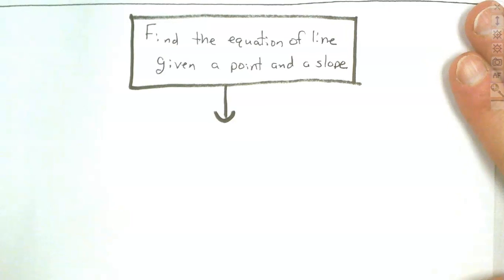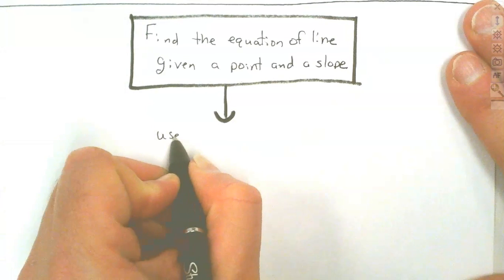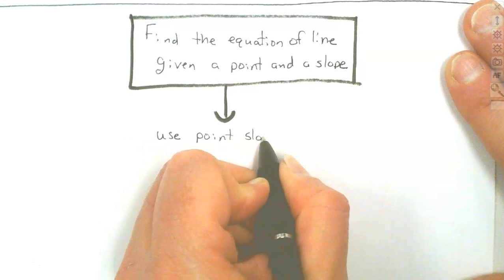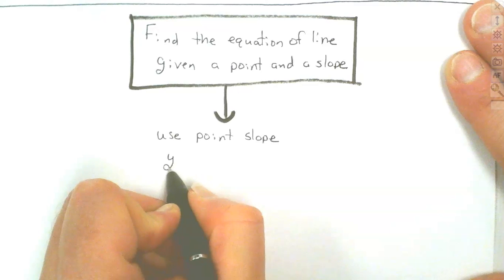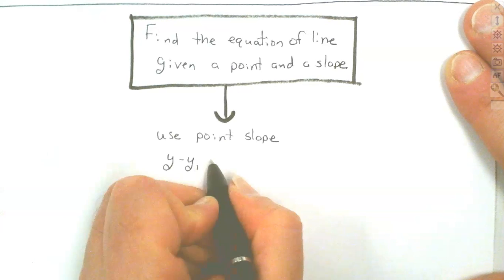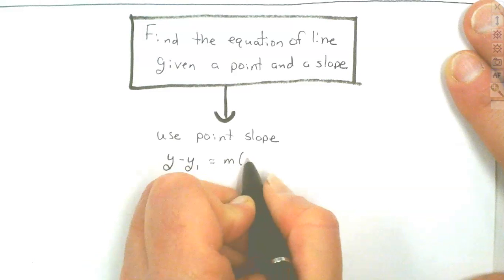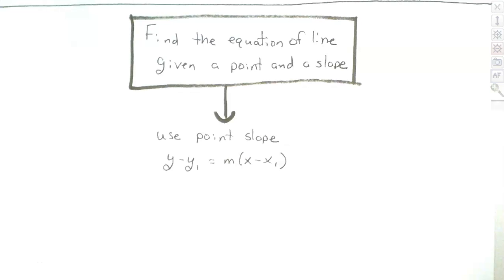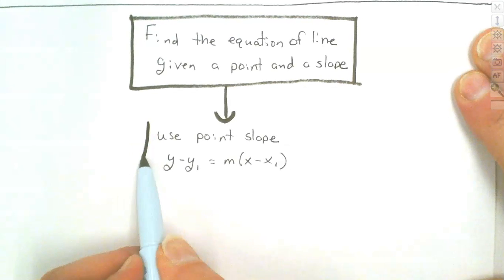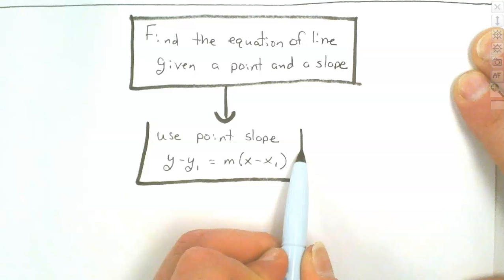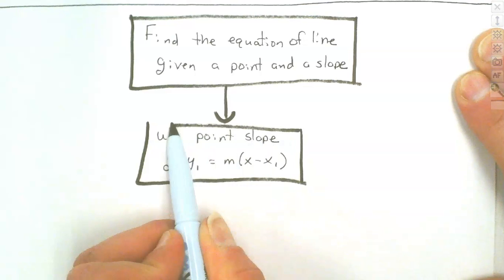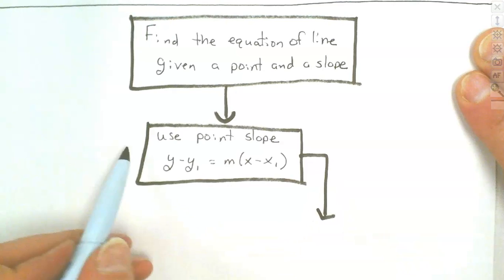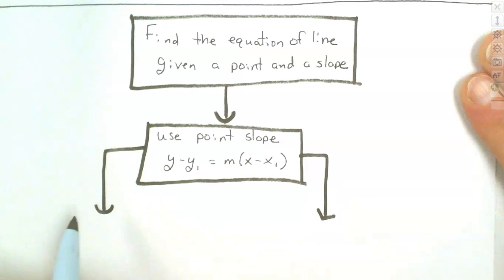All we have to do is use point slope. And point slope is y minus y1 equals m times x minus x1. And then once we've used that point slope formula, then we can either write our answer in standard form or in slope-intercept form.